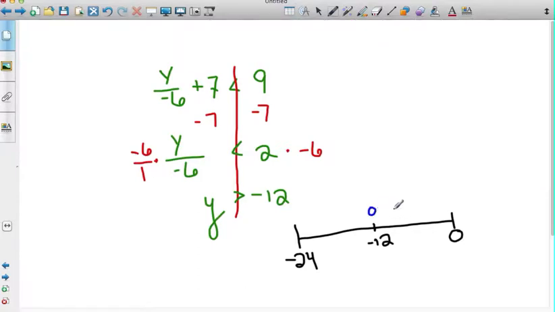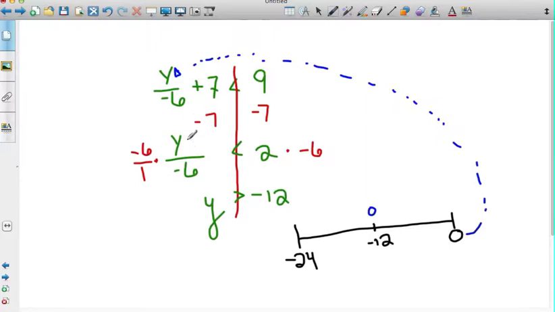I want to find out whether all my solutions are going right or whether all of them are going left. I like to use 0. Why? Anyone? Oh, because it's easy. So I take this 0 and let's put it in and see. Ran out of room. Keep going.